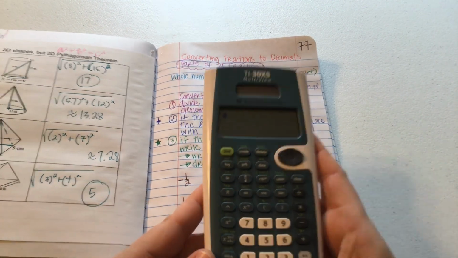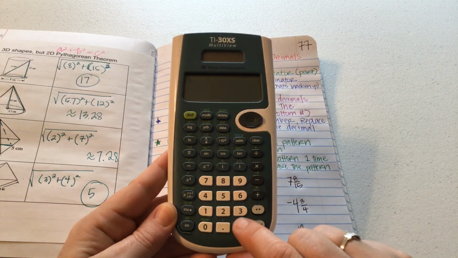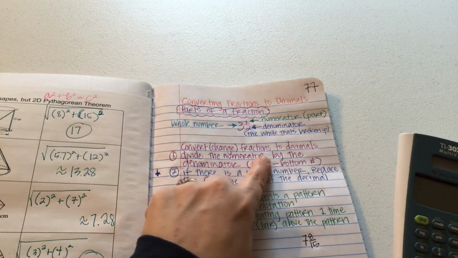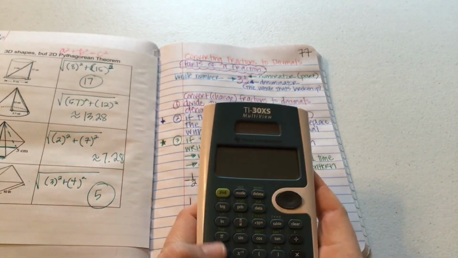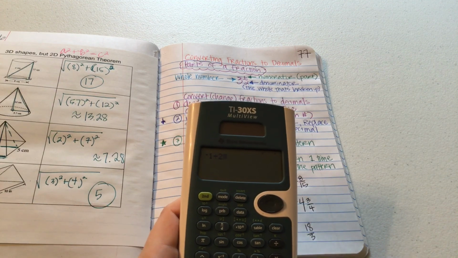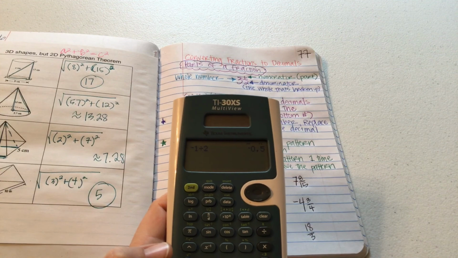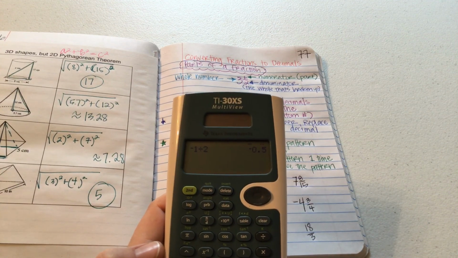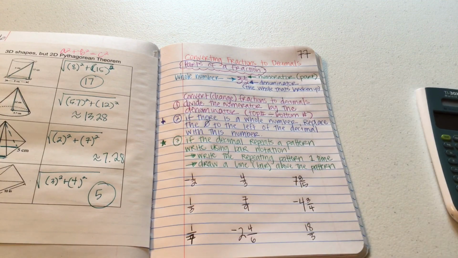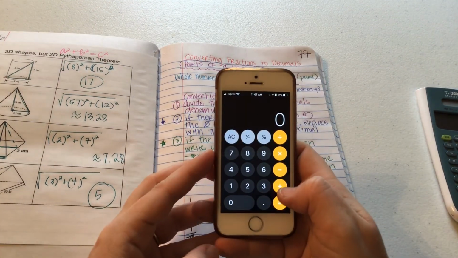On a calculator, if you have this calculator, remember our negative button is down here. So I'm going to type in, divide the numerator by the denominator. -1 divided by 2. Press enter, and there's my decimal value. So this is how you do it on a scientific calculator. I'm going to switch over to the phone calculator because I think that's going to be more of what we have.